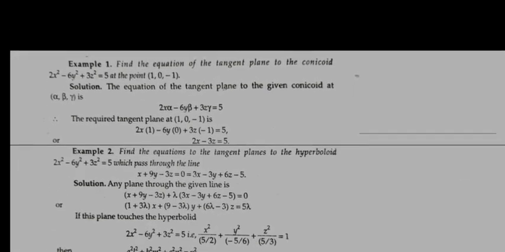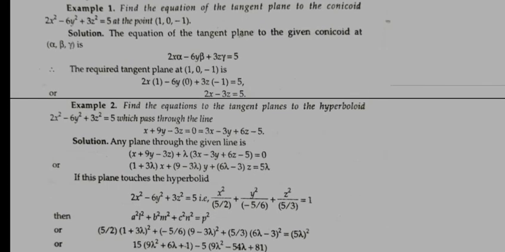Now here, taking an example. The first example is to find the equation of tangent plane to the conicoid. The given equation is 2x square minus 6y square plus 3z square is equal to 5, at the point 1 comma 0 comma minus 1. Suppose alpha, beta, gamma is the point.